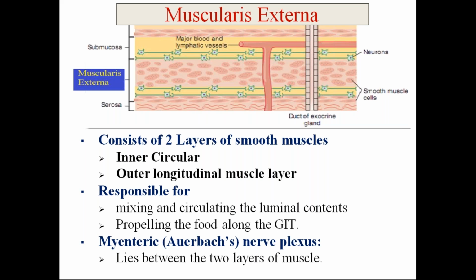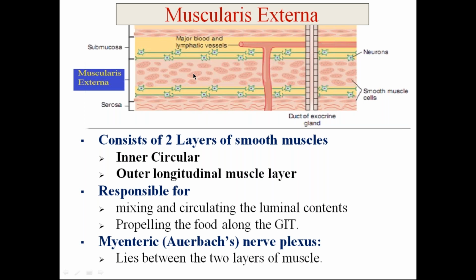So it will help in the mixing and churning of the contents, breaking down of the contents. In addition to that, it has the presence of the myenteric or Auerbach's nerve plexus, which lies between the two layers of the smooth muscles of the GIT.